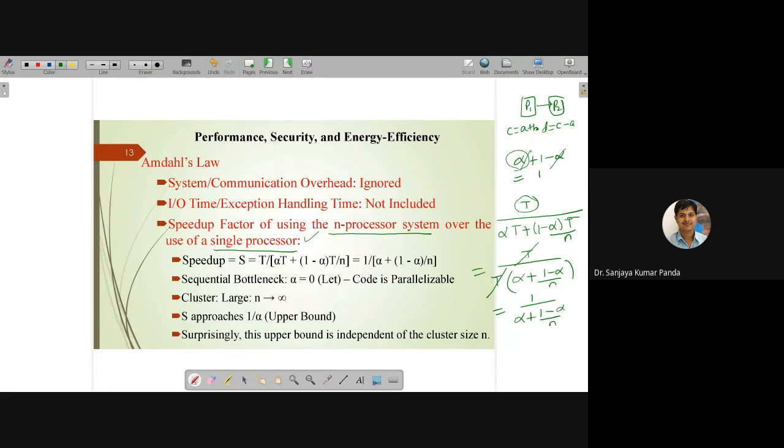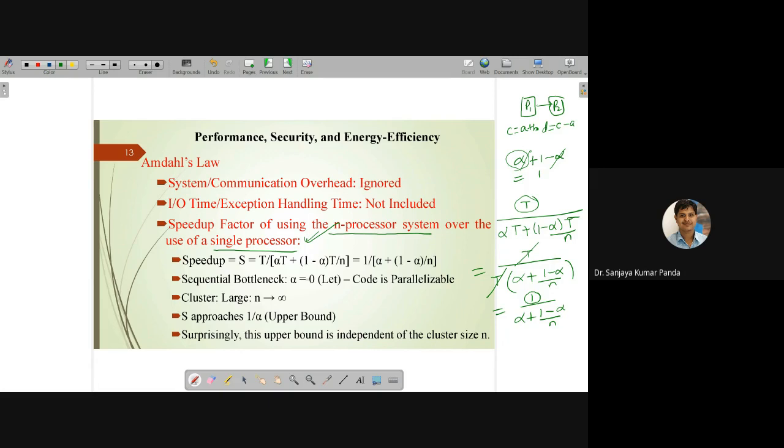Both are taking t units of time, so there is no need to consider it. For a single processor system there is no concept of sequential and parallel, that's why it is one. But here, part of the code is sequential, and the rest of the code is parallel, so (1 minus alpha) divided by n.